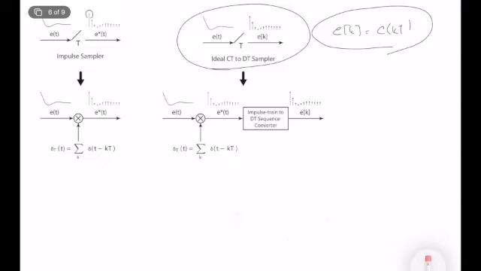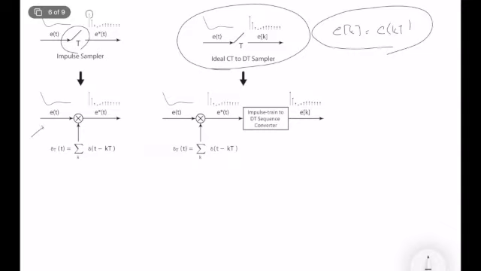E of t is the continuous time signal, and we model this switch with a multiplication block, where we multiply two signals. One is the input signal and the other one is the impulse train.